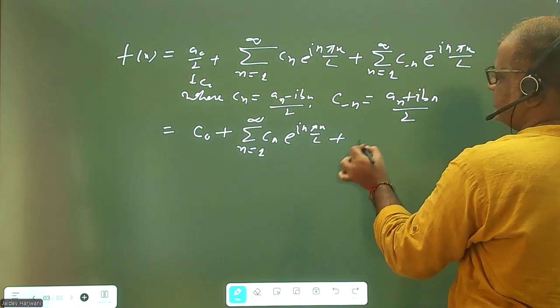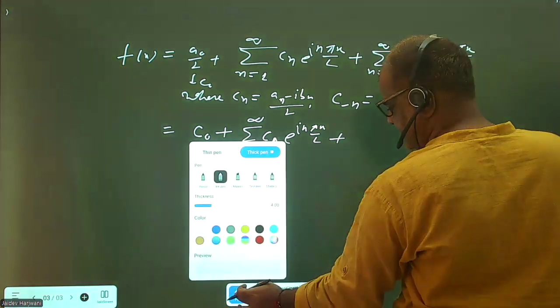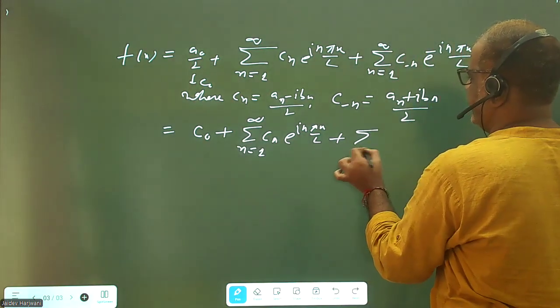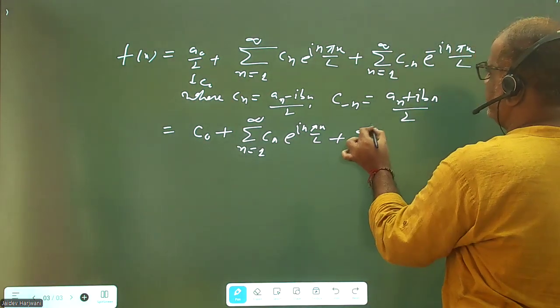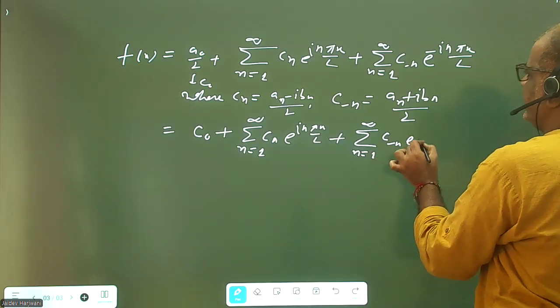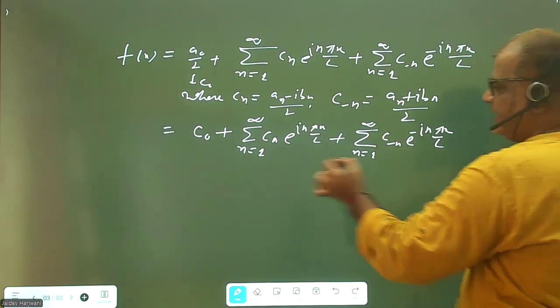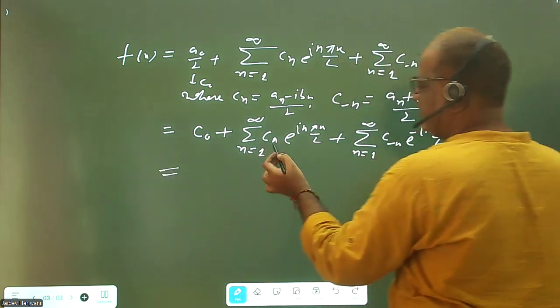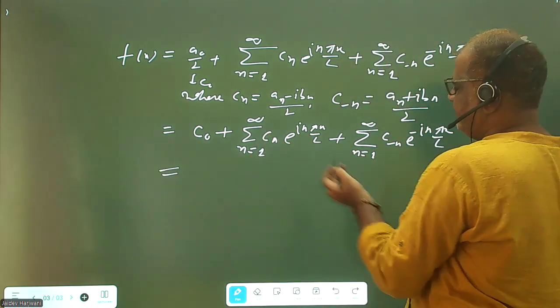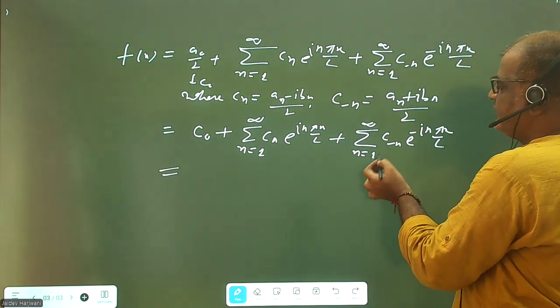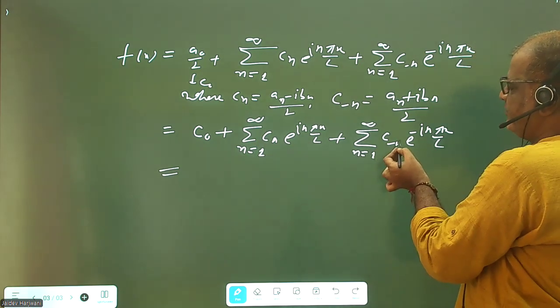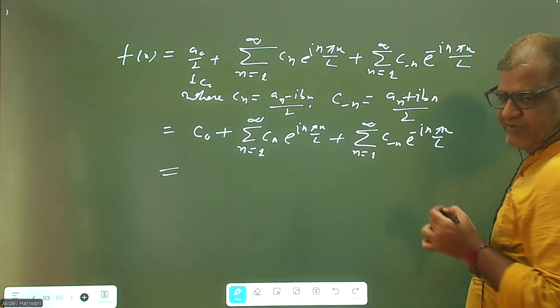So this term is the sum from n equal to 1 to infinity of c minus n e power minus iota n pi x upon L. Now I can combine these two, because you have 1 to infinity, and you also have minus 1 to minus infinity coefficients.